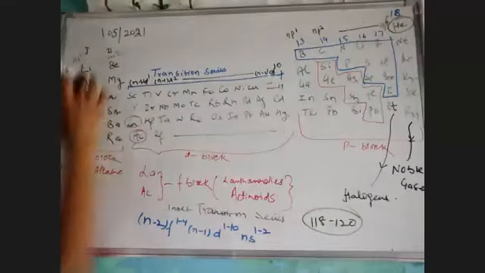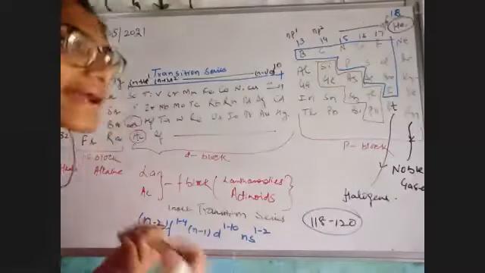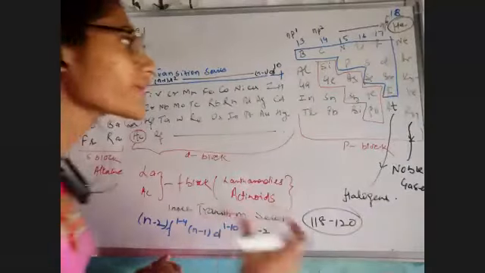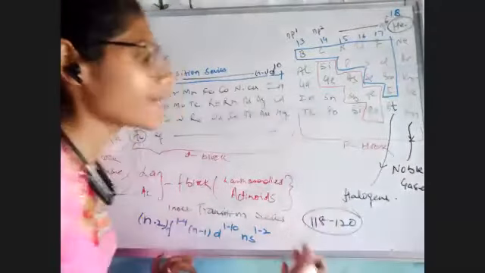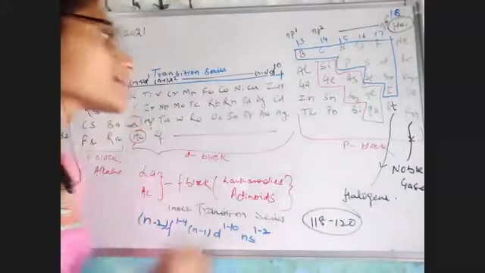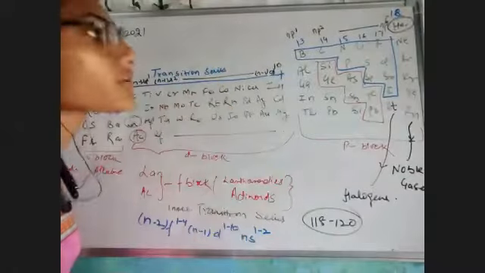We know that our modern periodic table is totally based on atomic number rather than the mass number. You know that we took the atomic number as compared to the mass number. So the first point is that on the basis of atomic number, we have arranged them in increasing order.